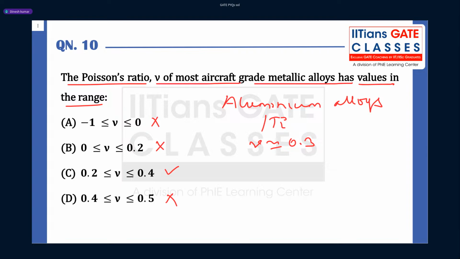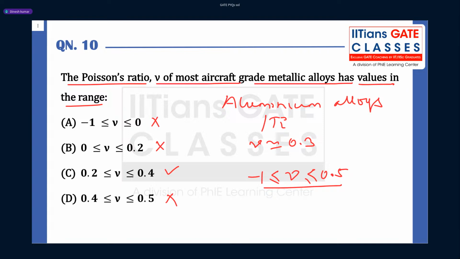But in general, what is the range of Poisson's ratio for any material? For any material, the minimum value of Poisson's ratio can be -1 and the maximum value can be 0.5. So nu has to be lesser than or equal to 0.5 and greater than -1.